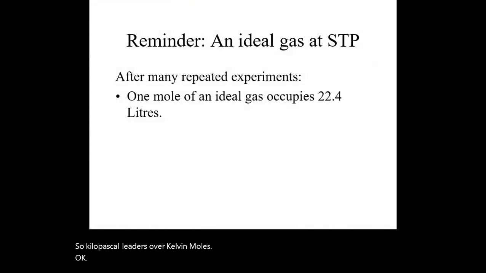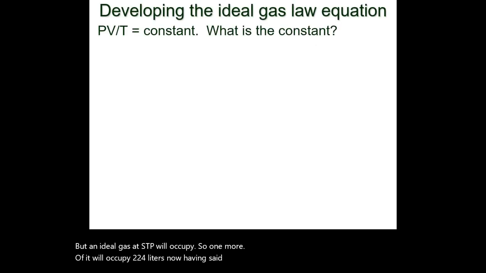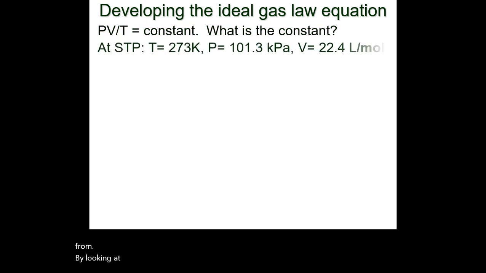So, just a reminder that an ideal gas at STP, 1 mole of it, will occupy 22.4 liters. Now, having said that, we can derive where our gas constant comes from by looking at how the ideal gas law was developed.